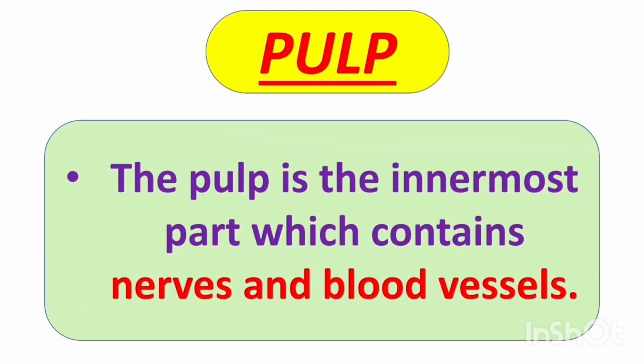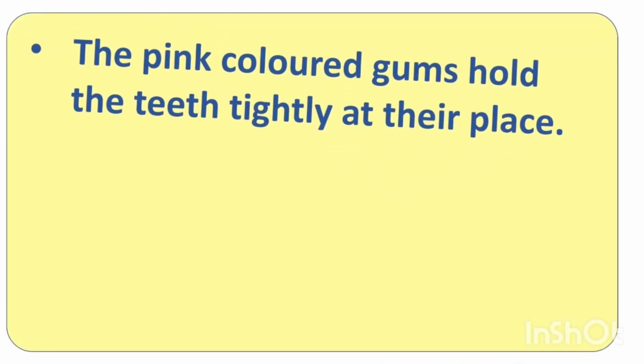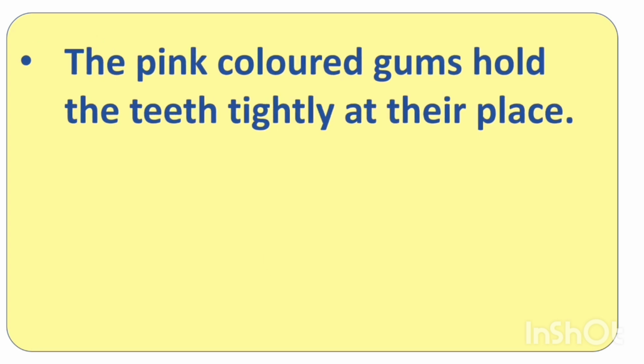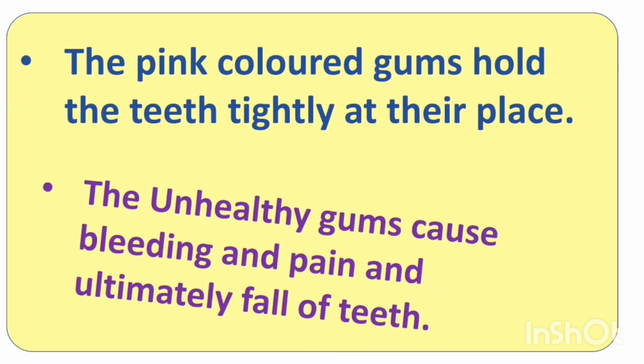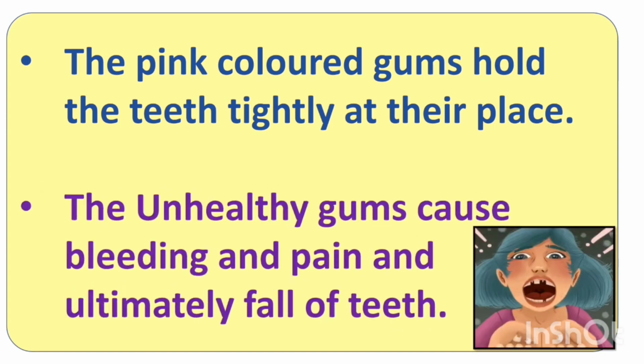Now next is gum. The pink colored gums hold the teeth tightly at their place, and the unhealthy gums cause bleeding and pain and ultimately teeth fall off. So now what have we learned yet?